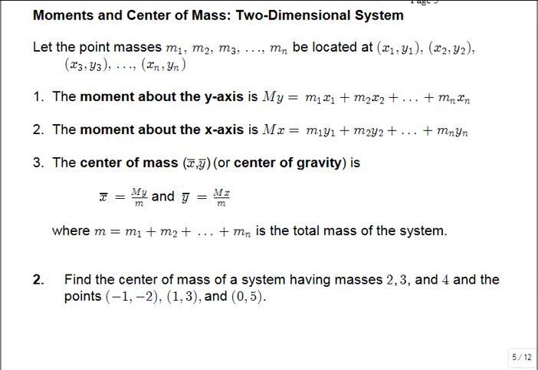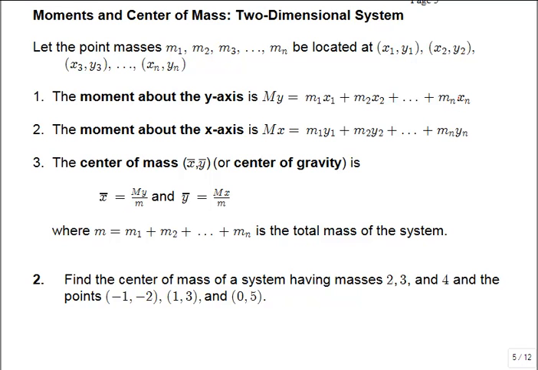Let your point masses be m1, m2, m3 up to m sub n, located at x1, y1, x2, y2, etc. Then the moment about the y-axis, which we're going to call m sub y, is actually m sub 1 x1 plus m sub 2 x2 all the way up to m sub n xn.